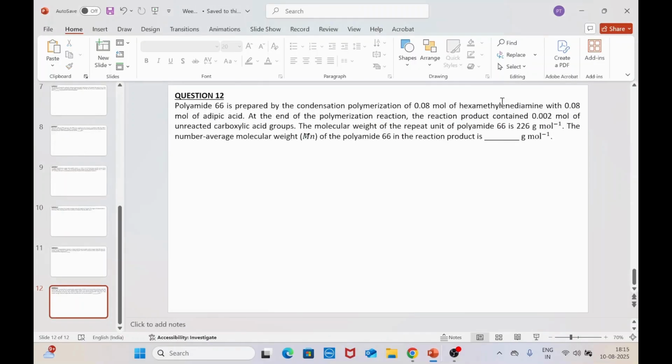Here it's the other way around. I have given the conversion efficiency, but in an indirect way. The molecular weight of the repeat unit is given. You just need to calculate the number average molecular weight.